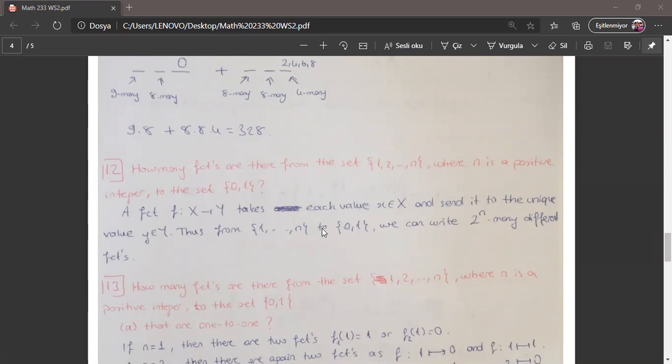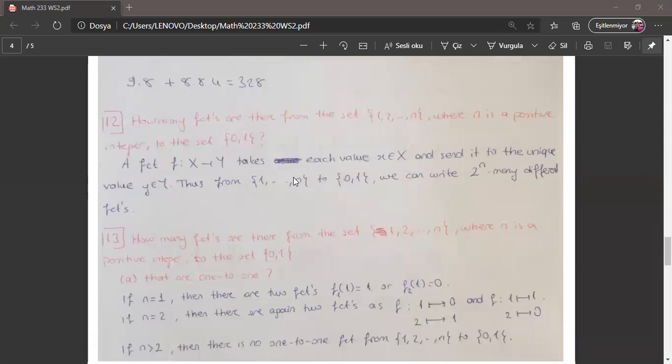So each number can have only one image. So for 1, it can take 0 or 1, right? And for 2, it can take again 0 or 1, but only one of them, either 0 or 1. So for each value in here, there are 2 options, right? So it is 2 to the n, because we have n many numbers there. We have 2 to the n many different functions.